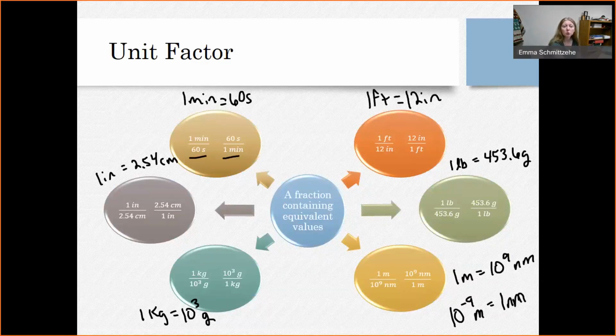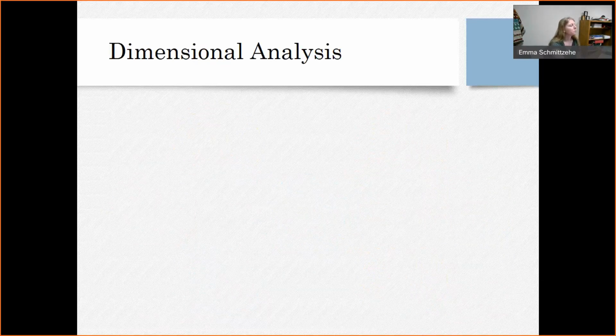You've got to be able to write unit factors to do dimensional analysis because that's what you're going to utilize. So in dimensional analysis, we are converting units, basically. That's what you're doing. You have some value that has a certain unit, okay? Some initial unit of whatever your measurement is.